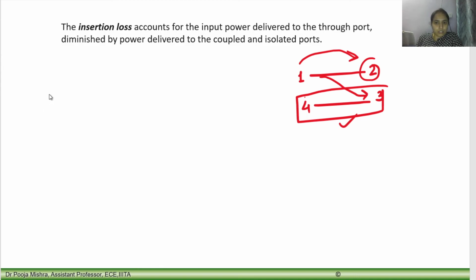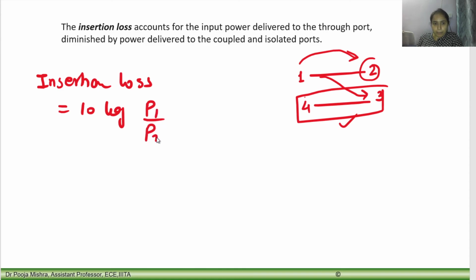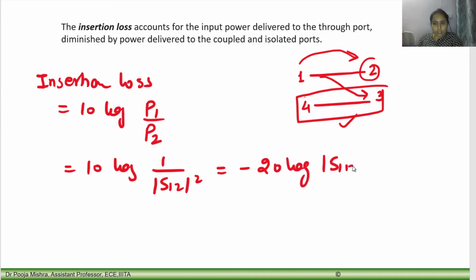So the insertion loss is equal to 10 log of P1 by P2. It is equal to 10 log of 1 by mod S12 square, which is equal to minus 20 log of mod S12 dB.